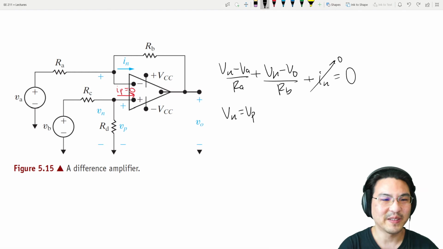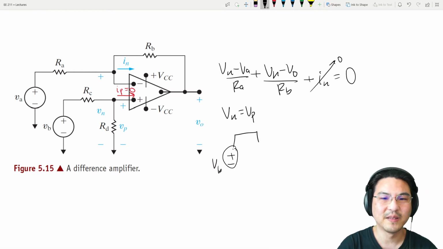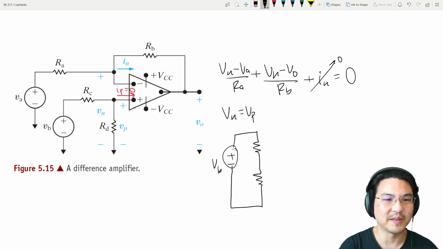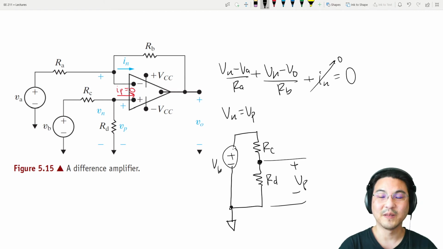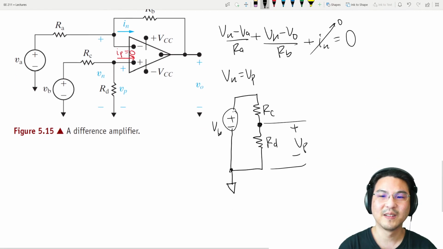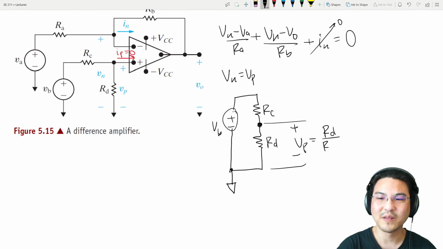So let me draw it more like this. Okay, so this is our Rc, this is our Rd. Right here, here to here, this is Vp, and our reference is here. So it's a voltage divider. Vp is Rd over Rc plus Rd times this.